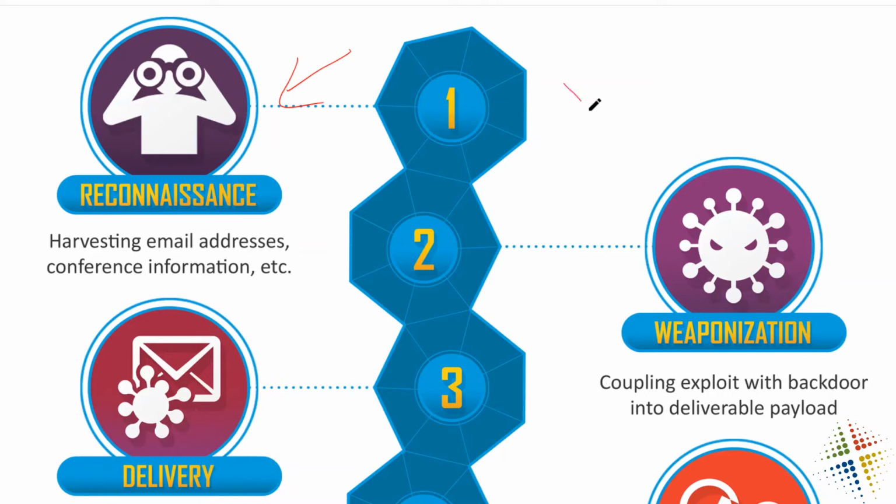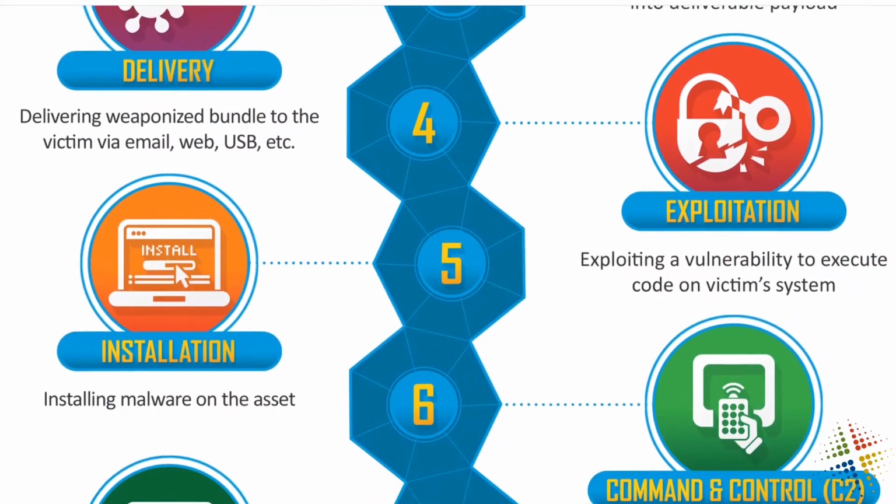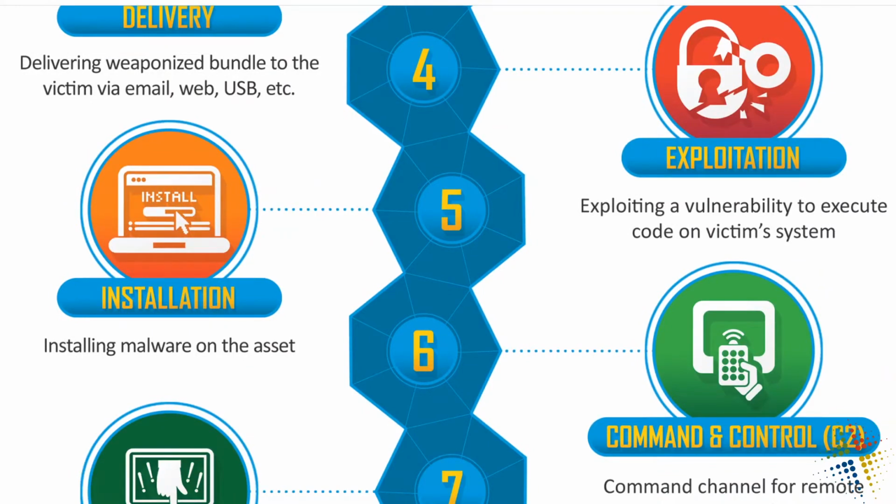The next step is weaponization. Basically, we choose a tool in order to attack the organization. Once we have the tool created, we then use delivery, and as you can see from the icon right there, delivery oftentimes is performed in the form of an email. Once we've gone with delivery, we can then start by exploiting the organization.